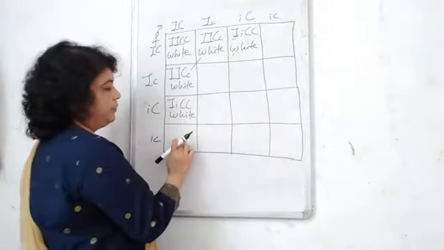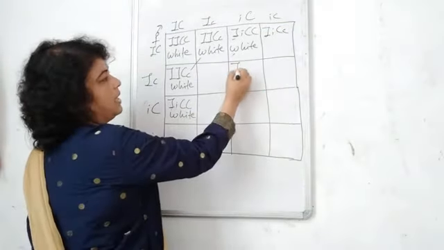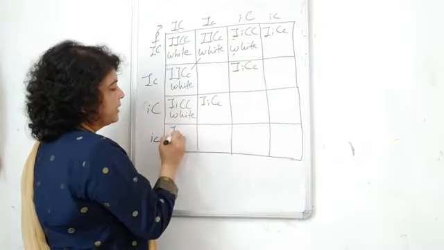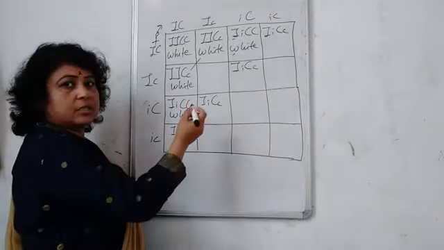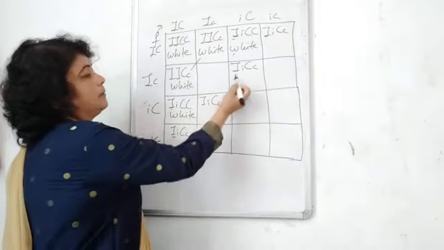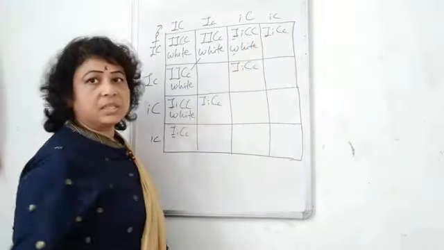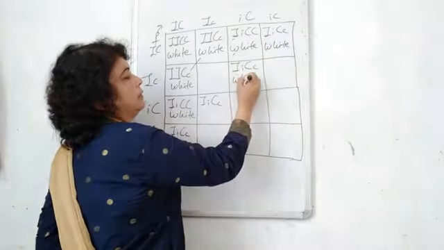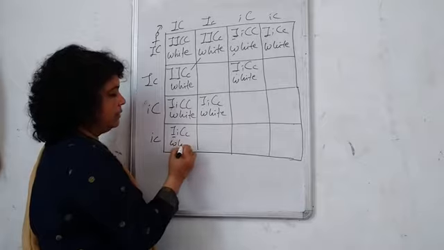Then this middle 4, capital I, capital C, small c, repeated in all four. Here also, in all these cases, the I is in dominant condition. So it inhibits the color formation due to the C, and therefore it is also white, white, white and white.